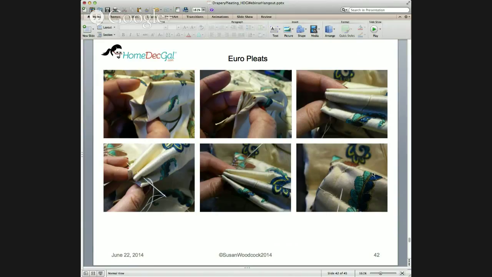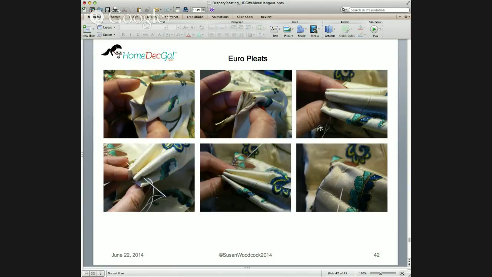So again, you're creating that 3-finger pleat and pushing that down, but instead of tacking the bottom, I'm only tacking the top. So starting on the inside of a fold so the knot is hidden, come through the bottom, and then come back around and stab through to the other side.